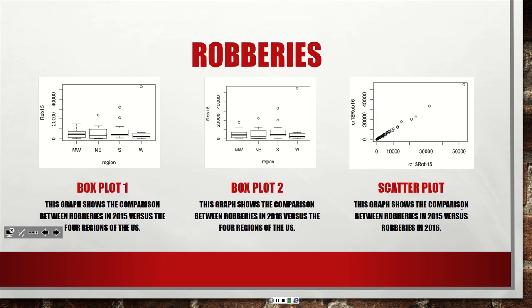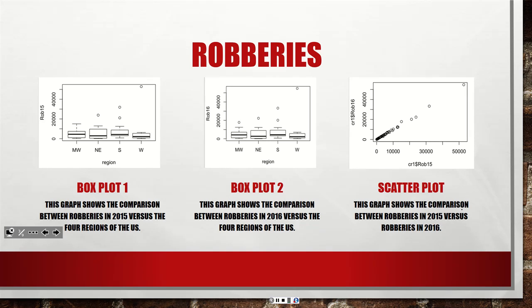So for robberies, I did the box plot for 2015 against the regions and 2016 against the regions, but then I did a scatter plot of 2015 and 2016. As we can see, it's broken up into Midwest, Northeast, South, and West regions.